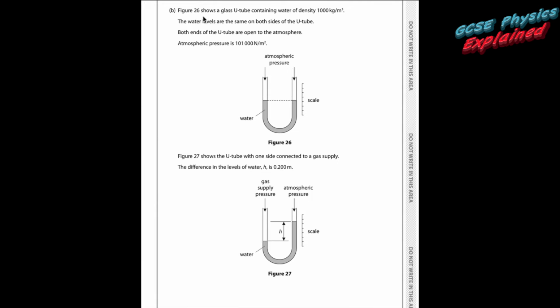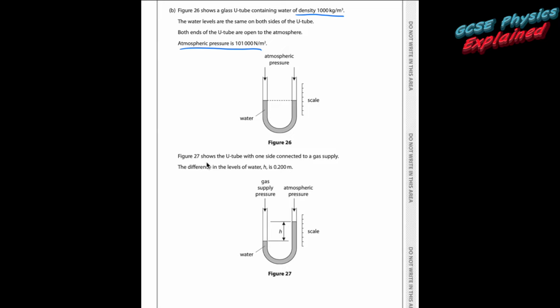Part B. Figure 26 shows a glass U-tube containing water of density 1,000 kilograms per metre cubed. The water levels are the same on both sides of the U-tube. Both ends of the U-tube are open to the atmosphere, right? Just means the ends are open. Atmospheric pressure is 101,000 newtons per metre squared.